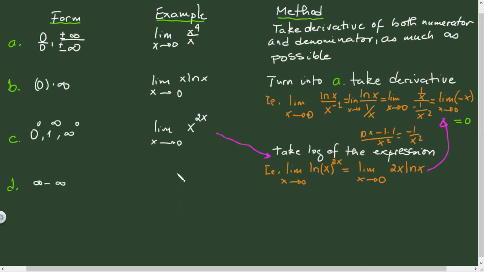As an example, I can have the limit when x goes to infinity of x to the power of 3 minus 2x to the power of 2 plus 3. As you can see, if you plug in infinity, this goes to infinity, this goes to infinity, and plus 3, the whole thing would be infinity minus infinity, but it's still this case here.